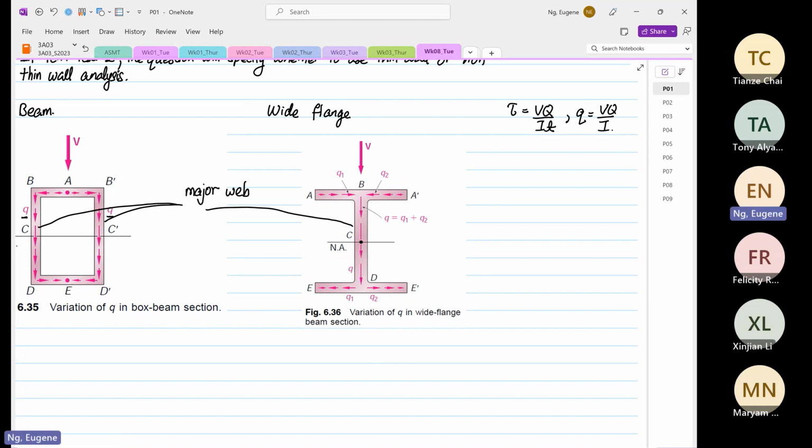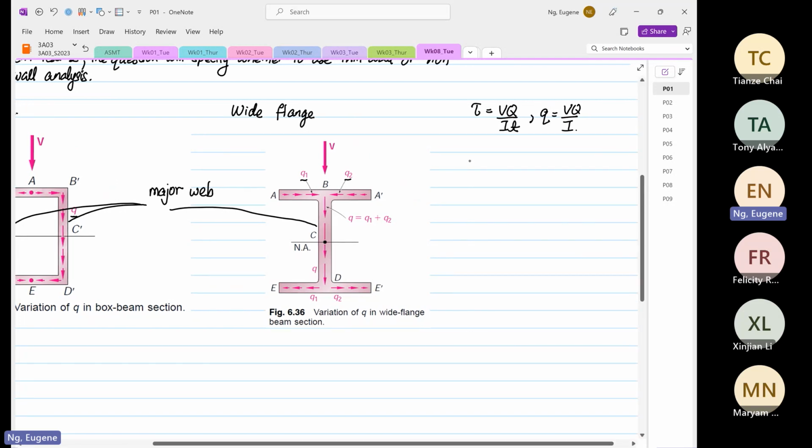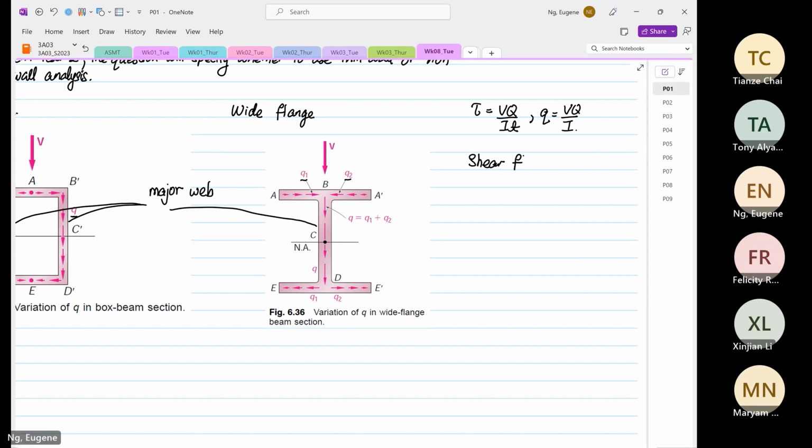So all these arrows you see, you've got q1, q2, they are known as your shear flow. The shear flow q is similar to fluid flow. Okay, so it's like how fluid is flowing.